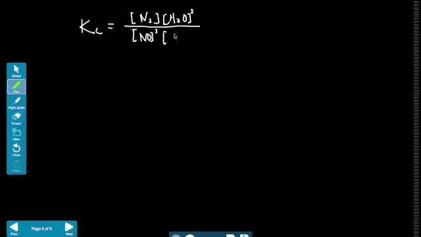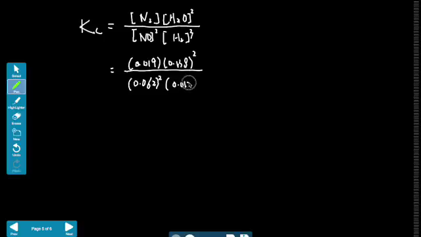And do not forget the exponents of the concentrations. And because the equilibrium constant is greater than 1, we know that this reaction is product favored.